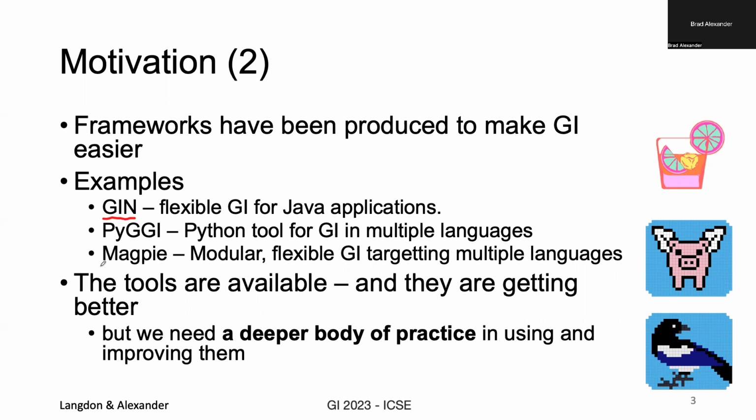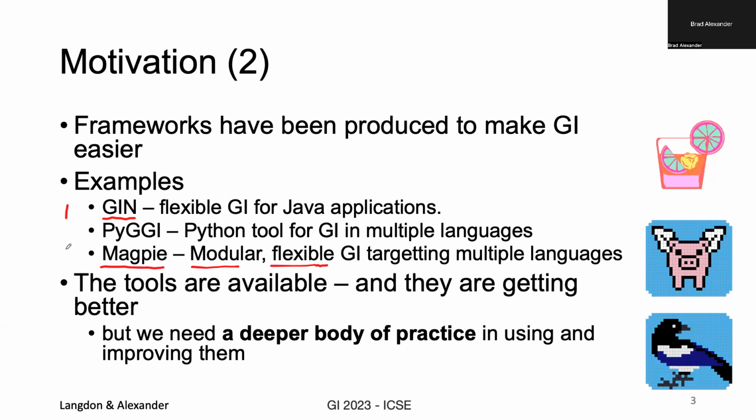And leading on from PyGGI is a state-of-the-art tool, Magpie, by Aymeric Blot. The Magpie framework is a modular, very flexible GI framework targeting multiple languages, and it can also target software development at multiple levels. We'll see a little bit more of that later.